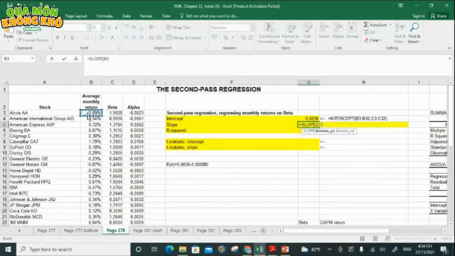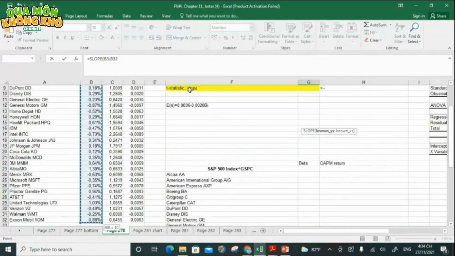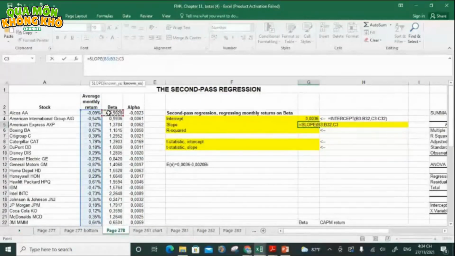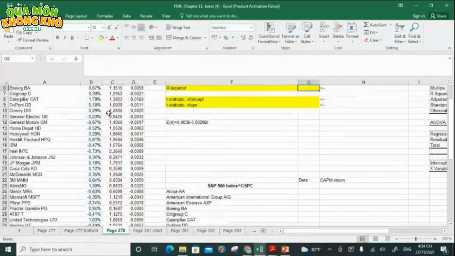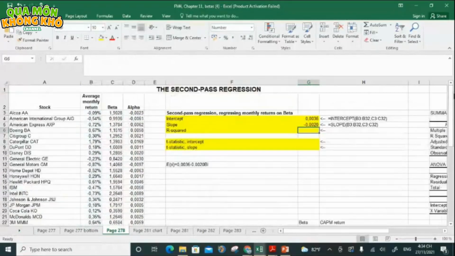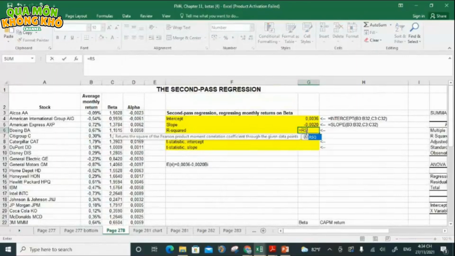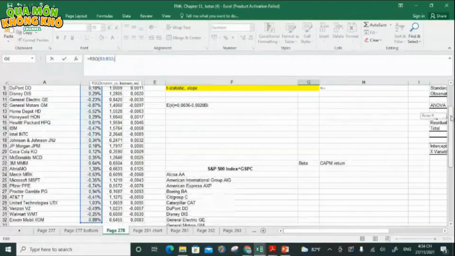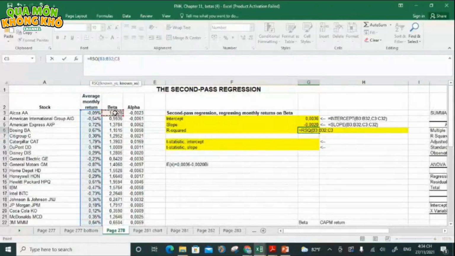And we calculate, similarly we calculate the slope here, and the R square, and the beta.